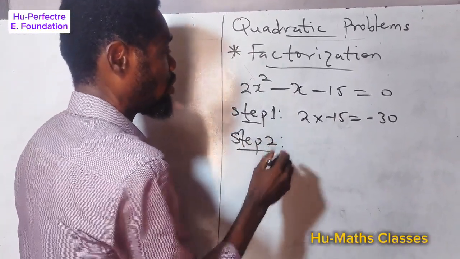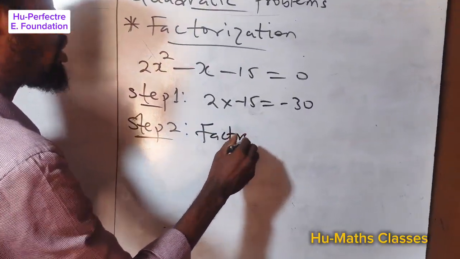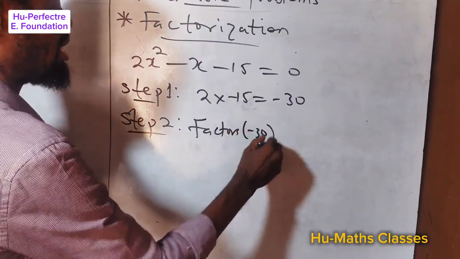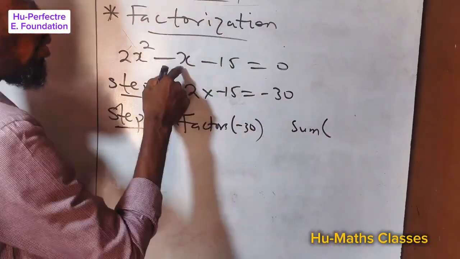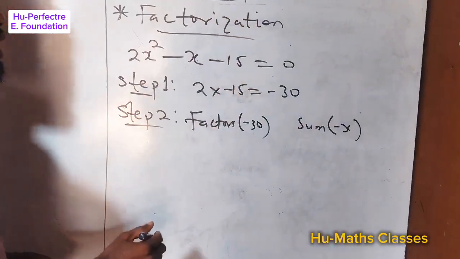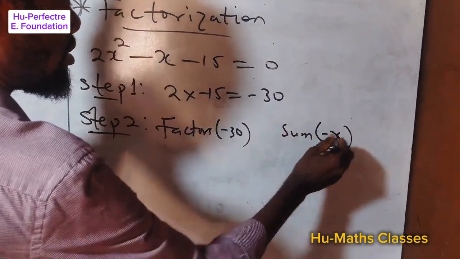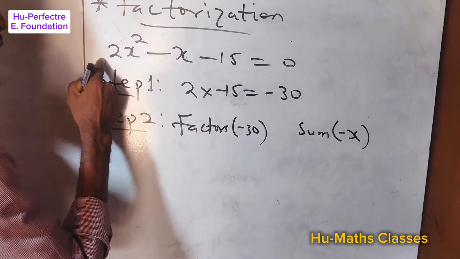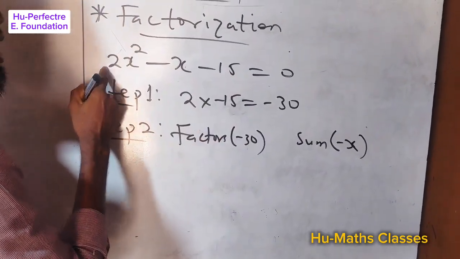Step 2, you have to find the factors of minus 30 that if you find their sum, it will be equal to the second term, or the coefficient of the second term. Remember I said multiply the first term and the last term, or the coefficient of the first term and the last term.